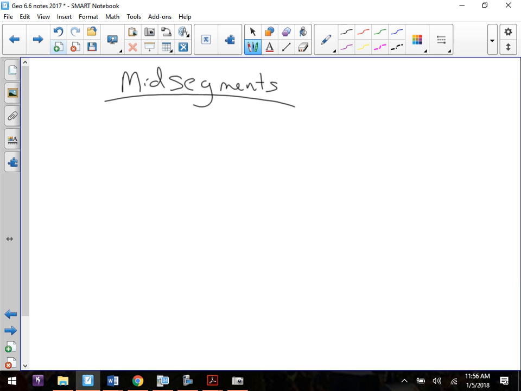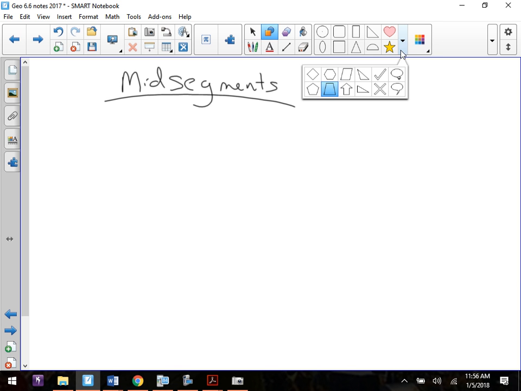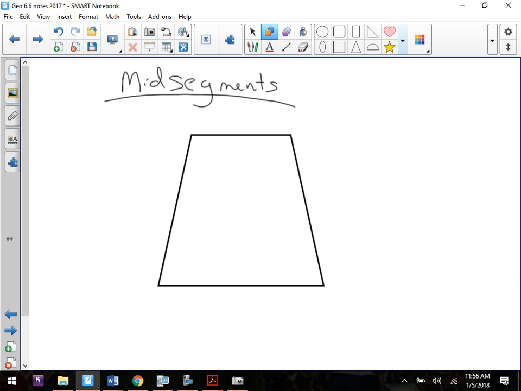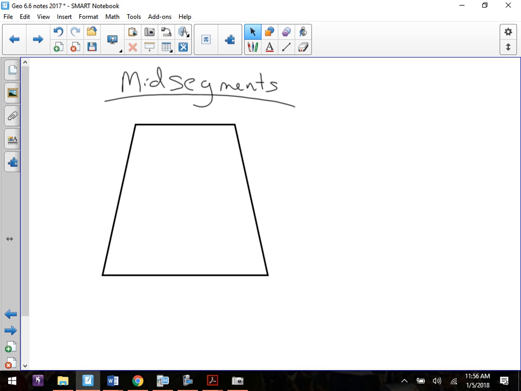When you have a trapezoid, these guys are always parallel. If I draw it like that, is that an isosceles trapezoid or a non-isosceles trapezoid?